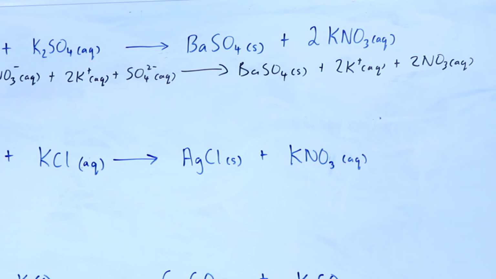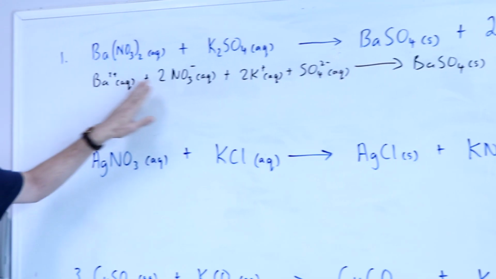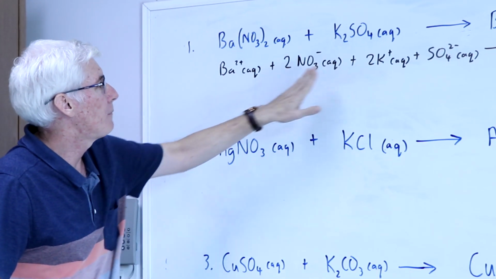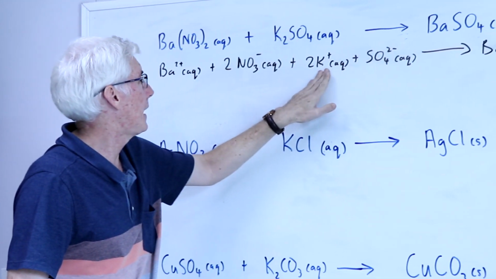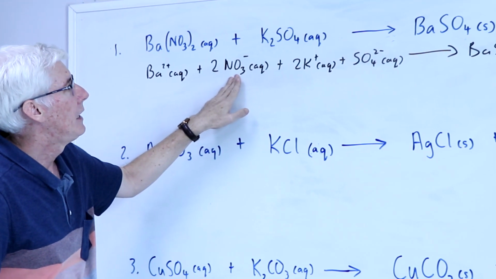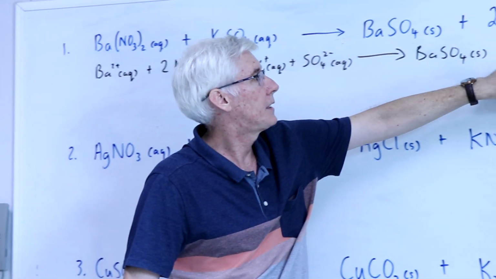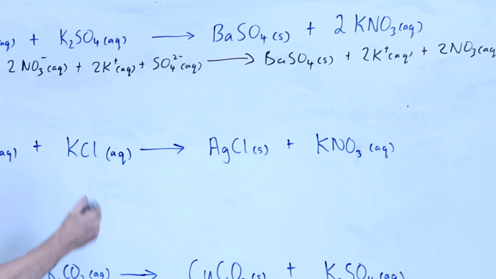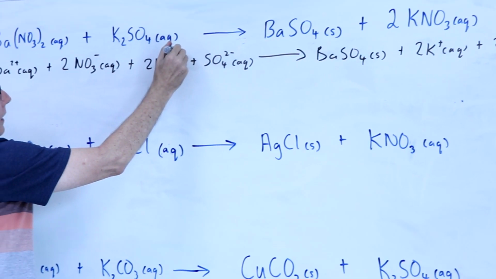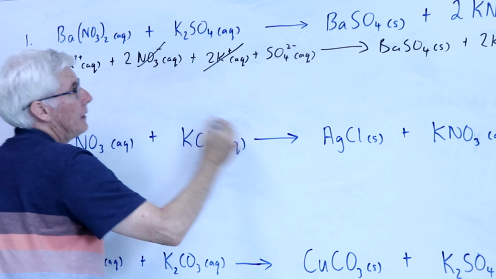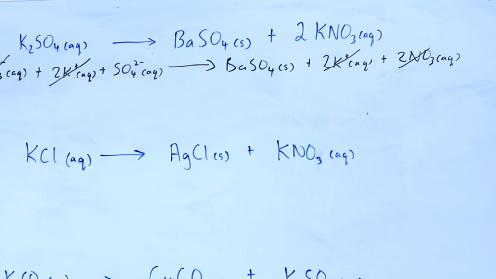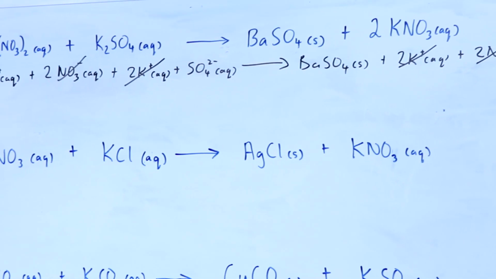Now if we have a look at this equation where I show all the ions, we can see that on this side of the equation we have potassium and nitrate ions, and they are still potassium and nitrate ions on the other side of the equation, and so they are what we call our spectator ions, and we can remove them because no reaction has occurred between those ions.